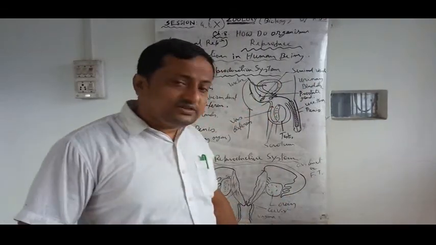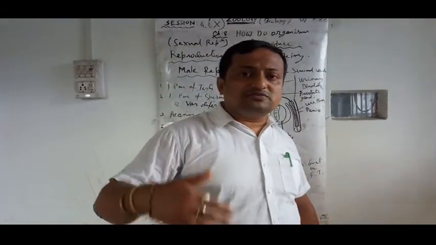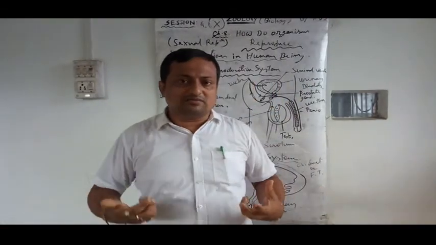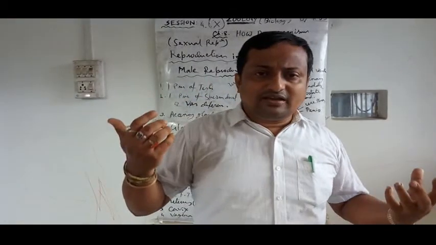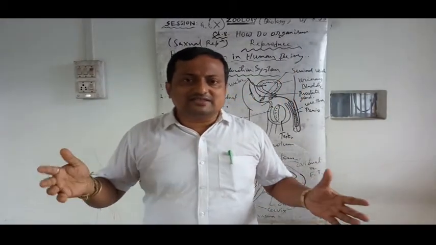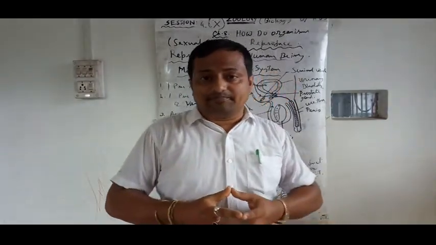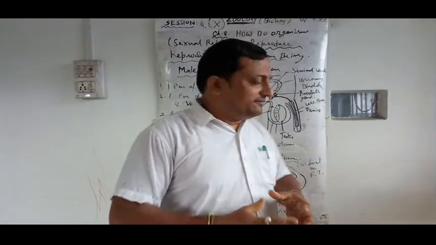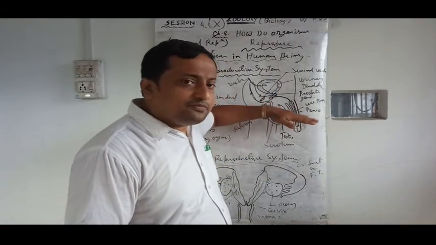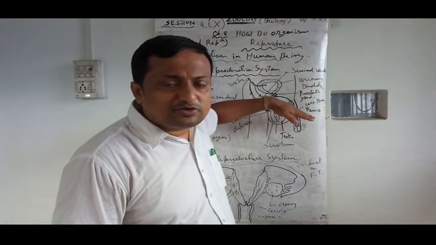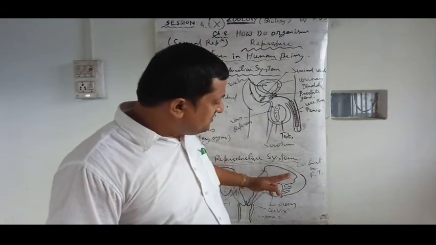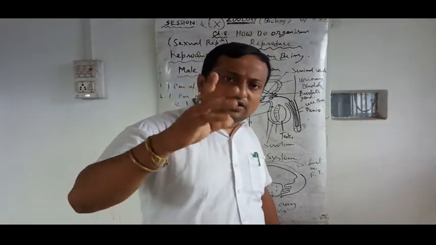The ovary also releases the estrogen hormone, due to which female secondary sexual characters develop, like breast and mammary gland development and pubic hair. But males produce millions of gametes, sperms, daily, whereas the female releases only one ovum in a cycle.